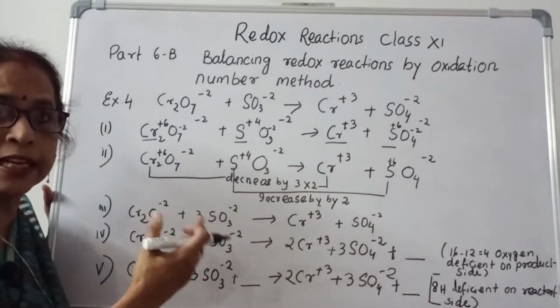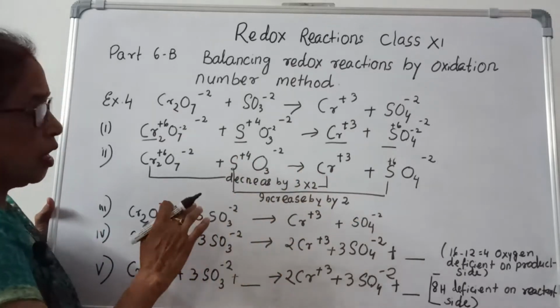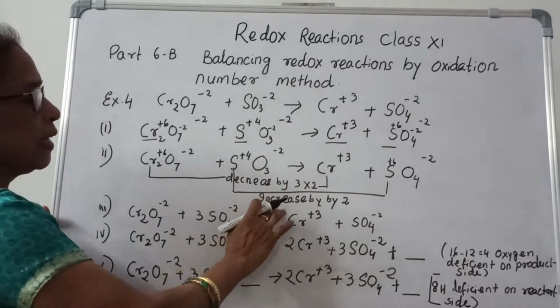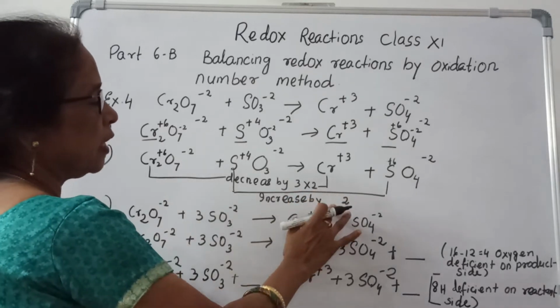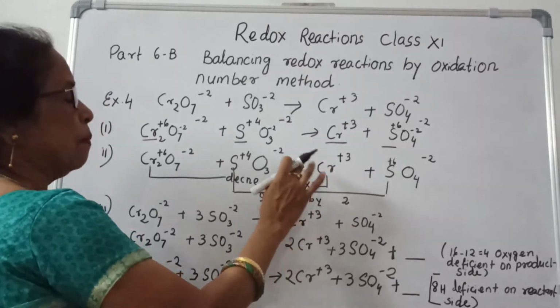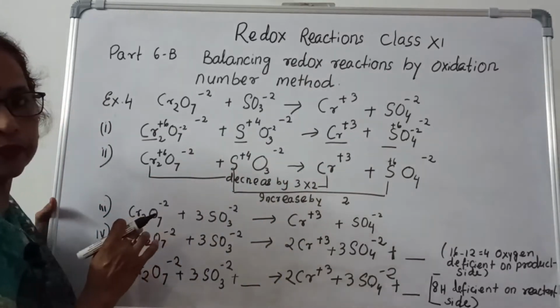What does it mean? It increases, that means it increases by 2. +4 changes to +6, increases by 2, and chromium decreases by 3, but since it is 2 times, so 3 into 2.